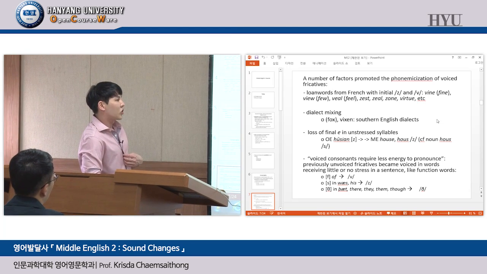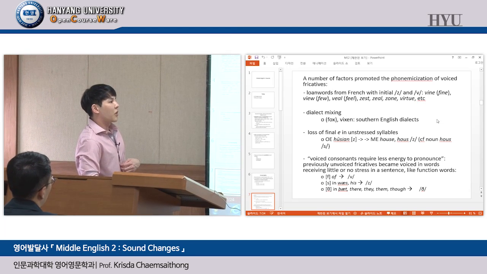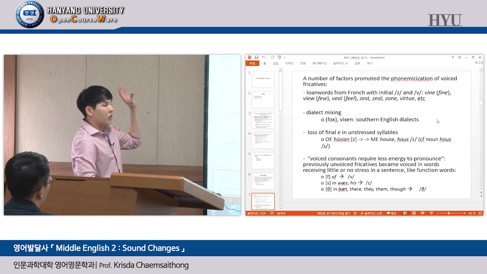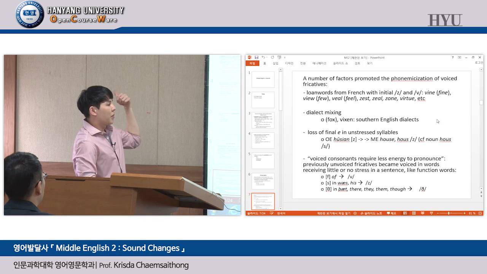And then the last factor is voiced consonants require less energy to pronounce. So in grammatical words like prepositions or the verb to be or adverbs like that, there, they, them, though, pronouns, and also adverbs. In all these words, the fricatives came to be pronounced as voiced fricatives.